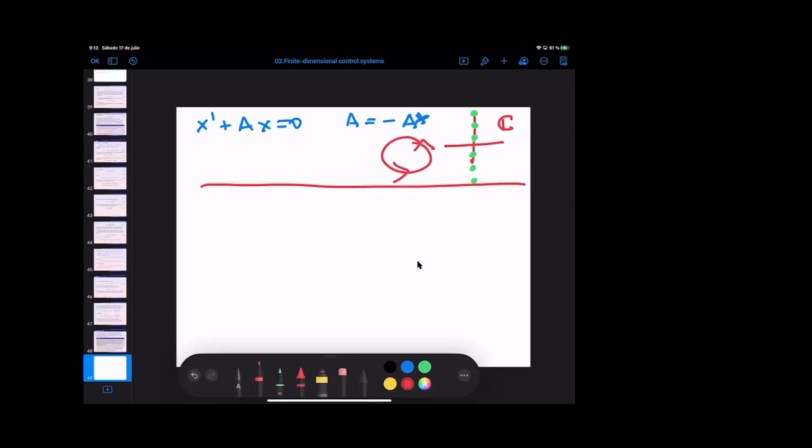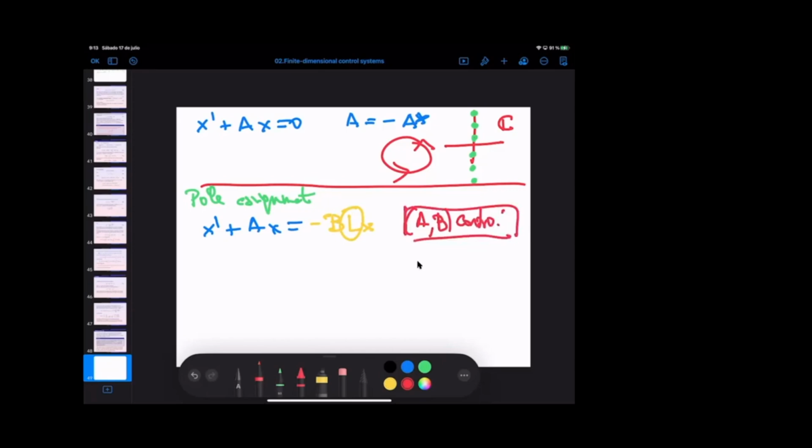Now, what the theory of pole assignment says is that if you allow me now to perturb the system with some operator L in a feedback manner, under the condition that the pair AB is controllable, that's important, because this is the one that allows me to guarantee that operating through B is sufficient for controlling the system.